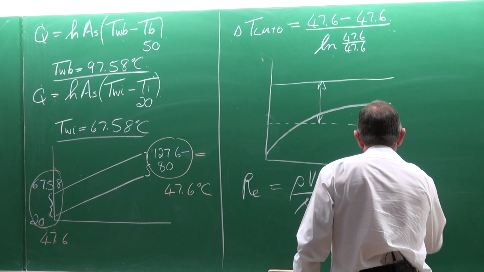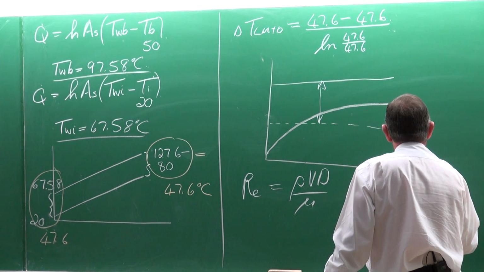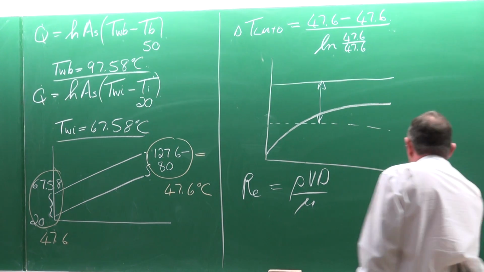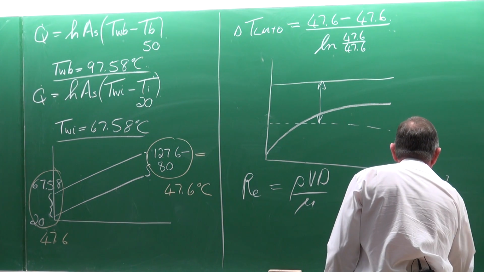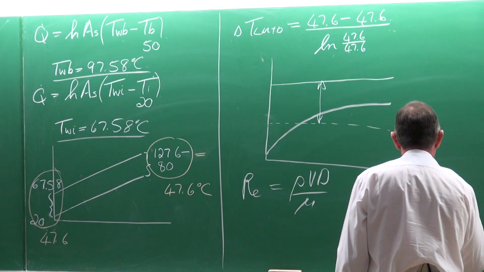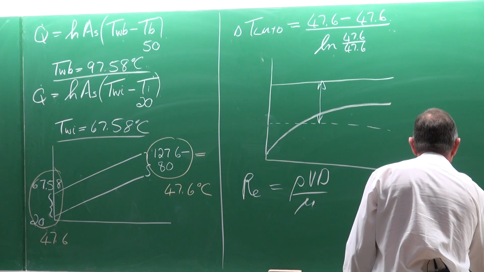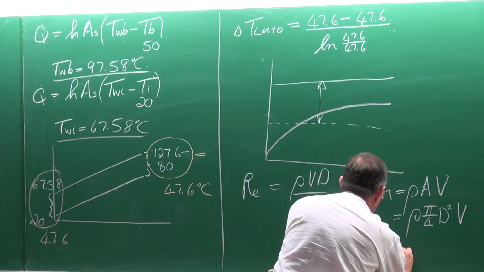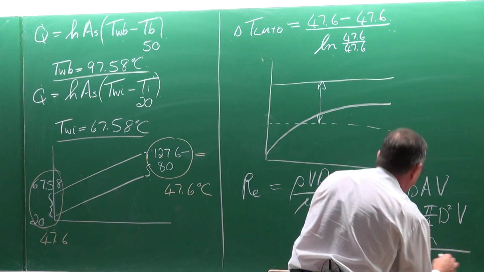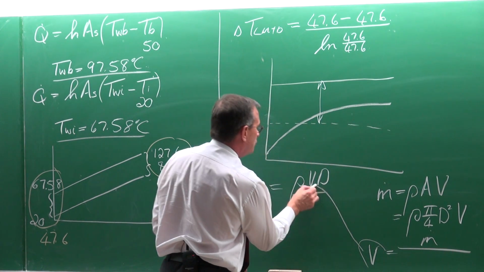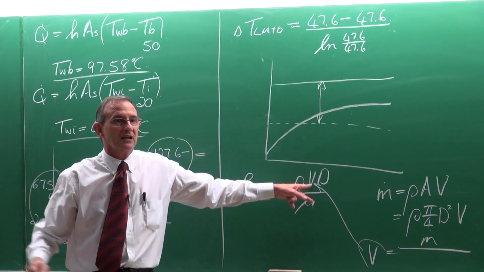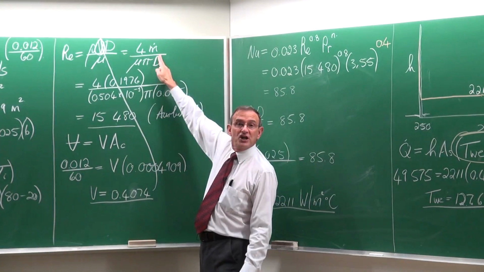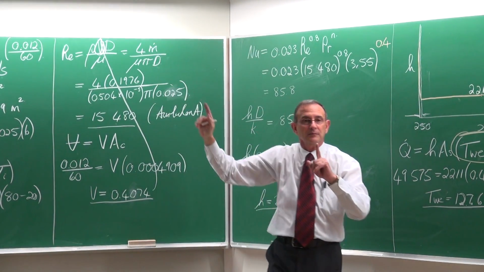And then you can also say the mass flow rate is equal to rho multiplied by the area multiplied by the velocity. And this is equal to rho pi divided by 4 d squared multiplied by the velocity. So you can write this velocity as the mass flow rate divided by the rest, and you can substitute it in there, and then you should get this equation.